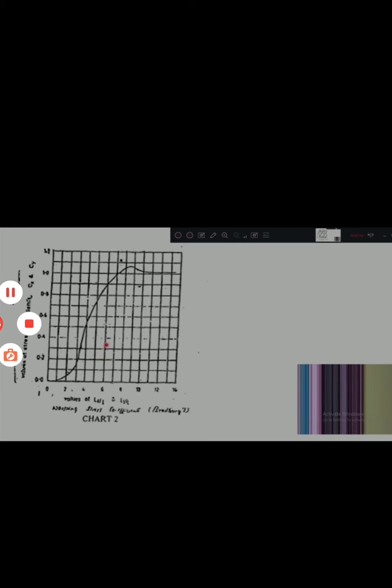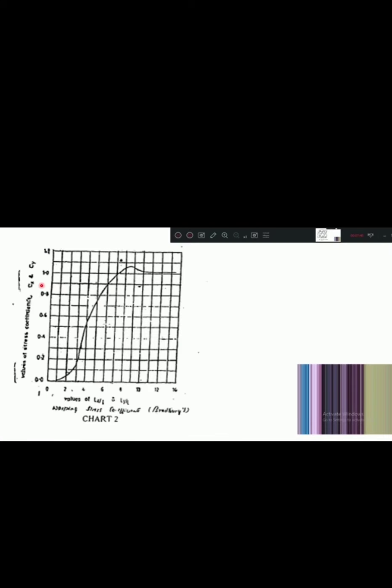So from that you can easily find, for example, for 6, what the value is, respectively the Cx value. Similarly for Ly by L, respectively you can find the values.